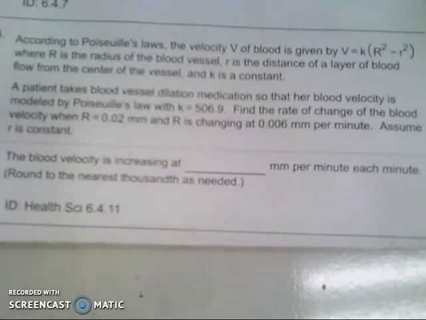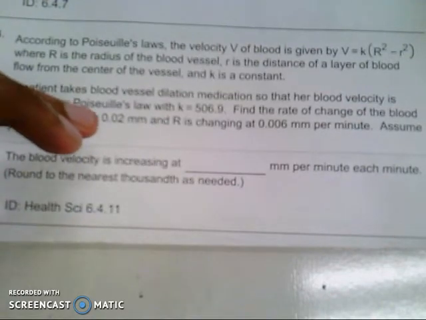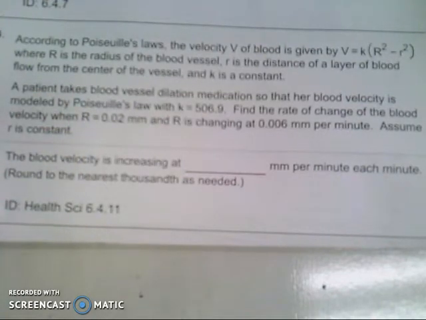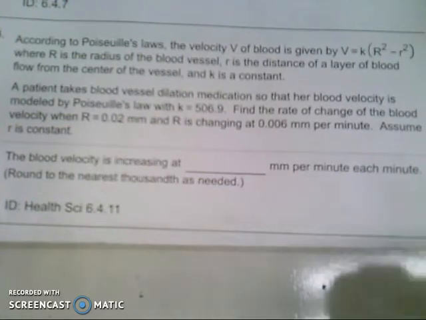A patient takes blood vessel dilation medication so that her blood velocity is modeled by the law with K equals 506.9. We want to find the rate of change of the blood velocity when r equals 0.02 millimeters and capital R is changing at 0.006 millimeters per minute. Assume that r is constant.